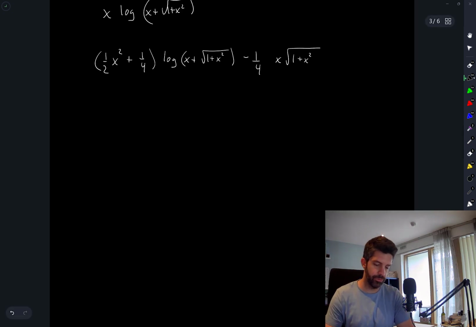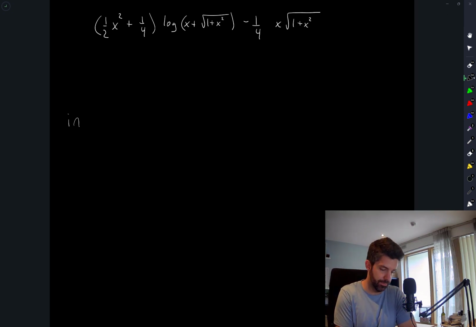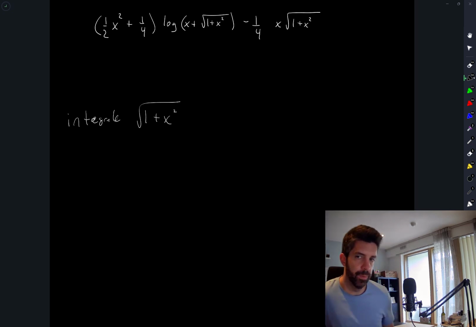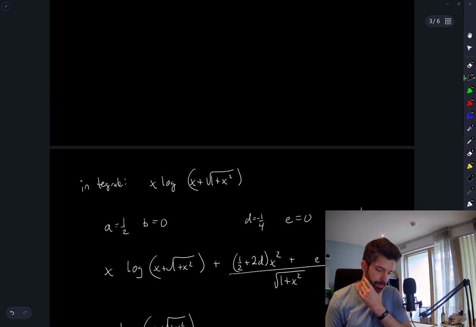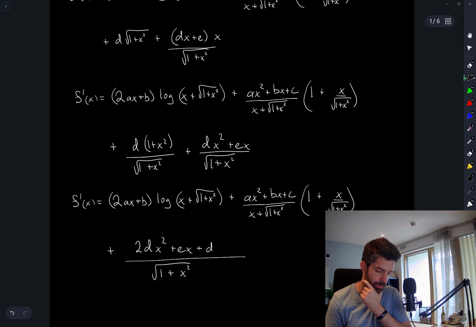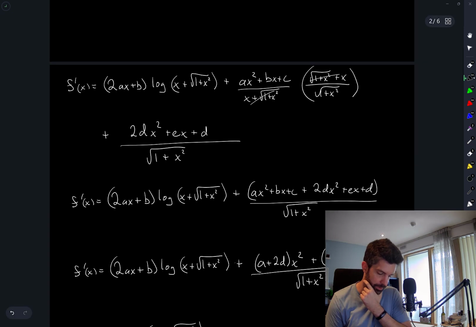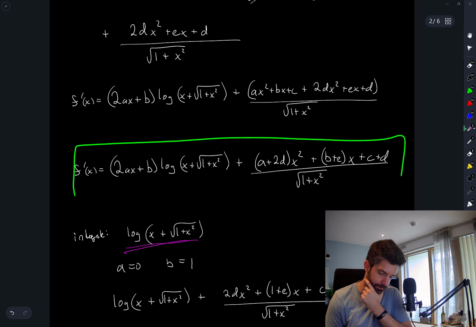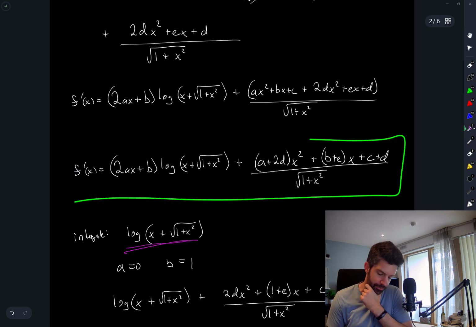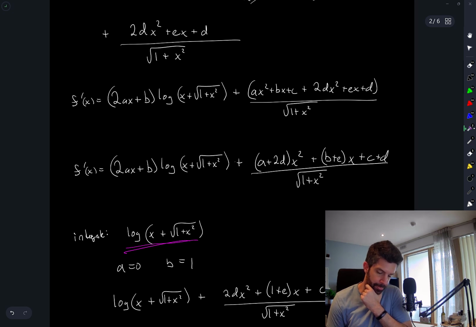Lastly, it asks us to integrate the square root of 1 plus x squared. But if I look at the general expression that I got for the derivative, I don't actually have the square root of 1 plus x squared anywhere.